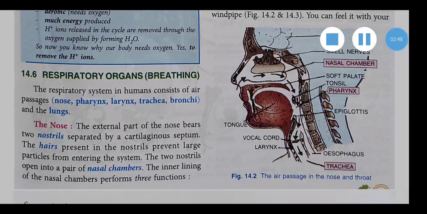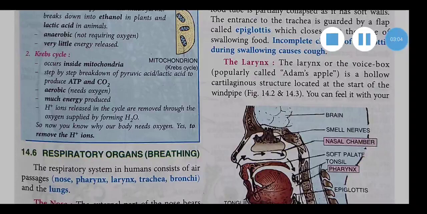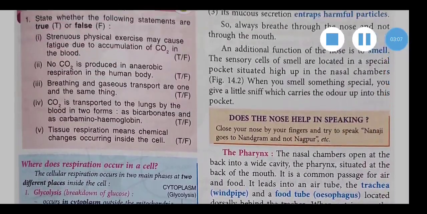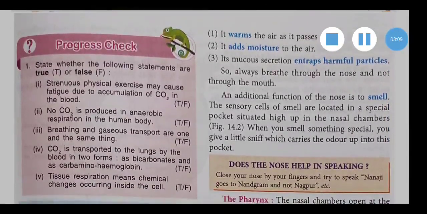The hair present in the nostrils prevents large particles from entering the respiratory system. The two nostrils open into the nasal chamber. The inner lining of the nasal chamber performs three functions. The first is that it warms the air as it passes over.